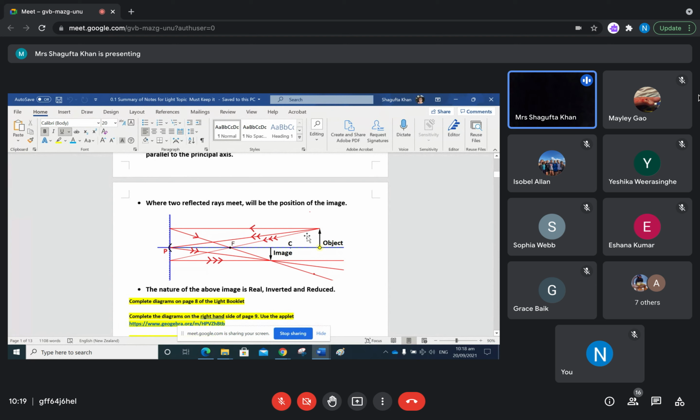You can draw a third ray if you like: the one passing through the focal point, which becomes parallel. Somewhere over here all 3 rays meet, but you need only 2. Because real rays are meeting here and making an image, it's a real image. At this position it is smaller, but it could be enlarged, and it's upside down.